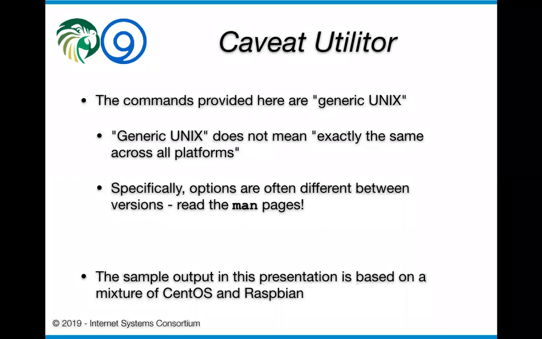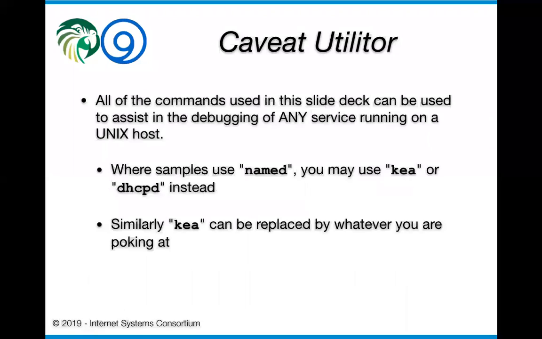So be sure that you read the man pages. And that is the center of that slide. It is very important. If it doesn't work the way I'm showing you here, then you probably want to look at the man pages, because there's going to be a way to do it. It's just not the way that I showed you how to do it.